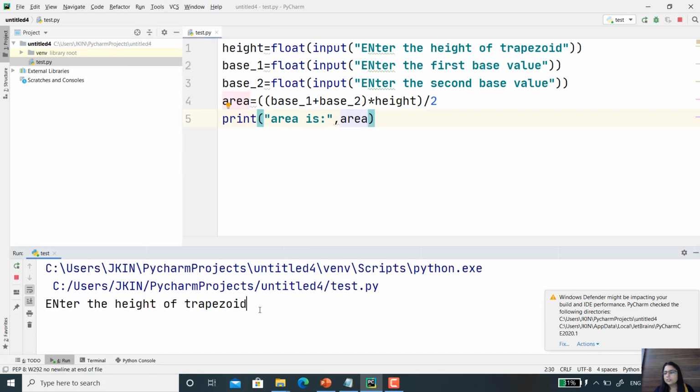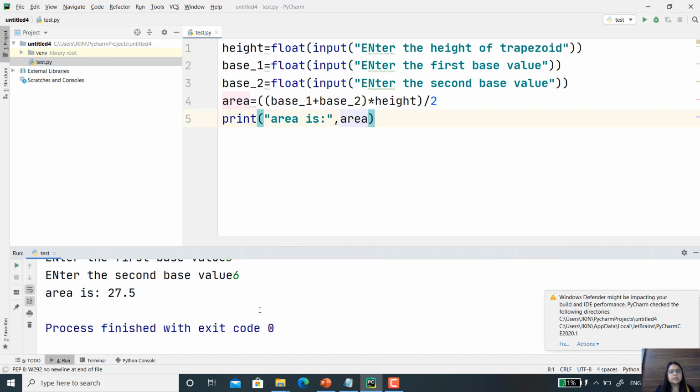Here first of all what you have to give is height. Suppose I'm entering 5. Now the second base value I'm entering is 6. So our answer, the area, is 27.5. That's our expected output.